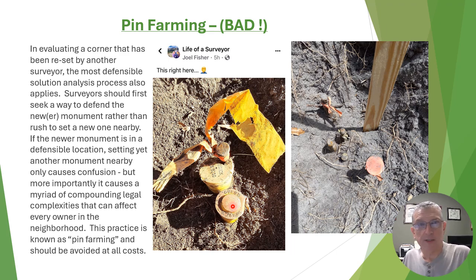I've literally created 6 to 10 different possible positions of a missing corner sometimes, depending on the complexity of it. So you've got 10 to choose from, and all of them are defensible. You can explain how every one of those 10 positions came to be. And those 10 positions, let's just say there's 5, they might lie. This picture on the right may well be those 5 different solution possibilities.